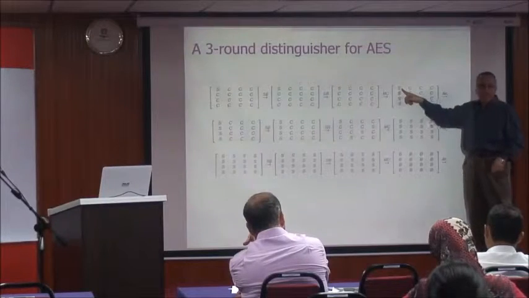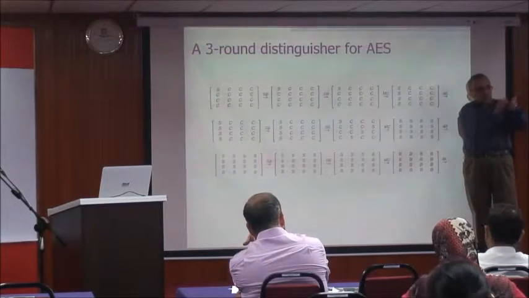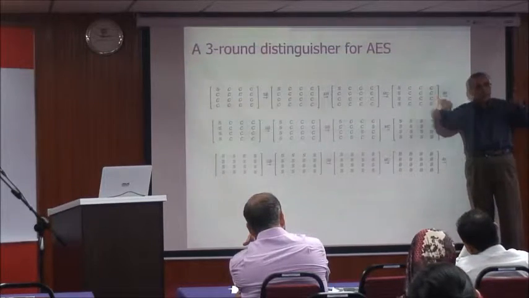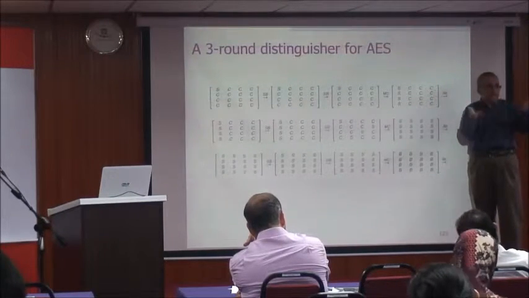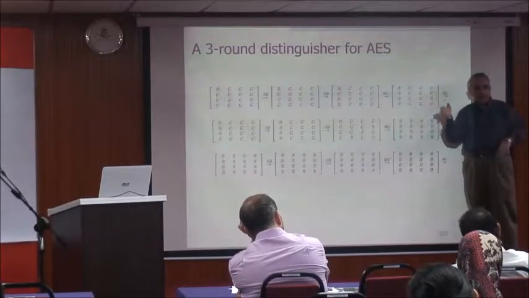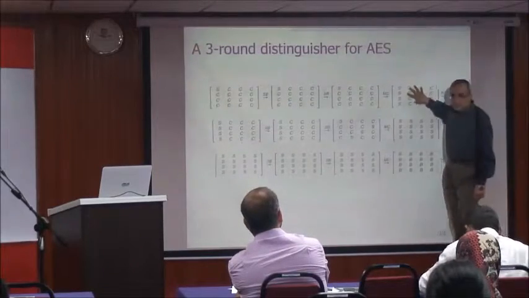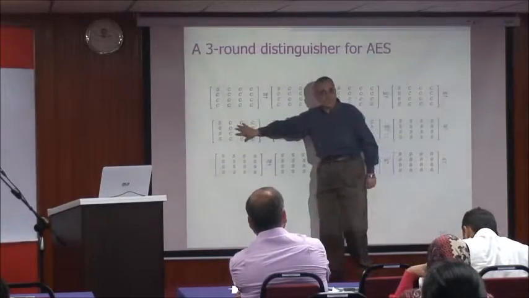If I have some value that takes values between 0 up to 255, and I XOR it with something, I'm going to get again the same set, from 0 to 255, but maybe in a different order. So even after I do the add key operation, this structure would remain in here.